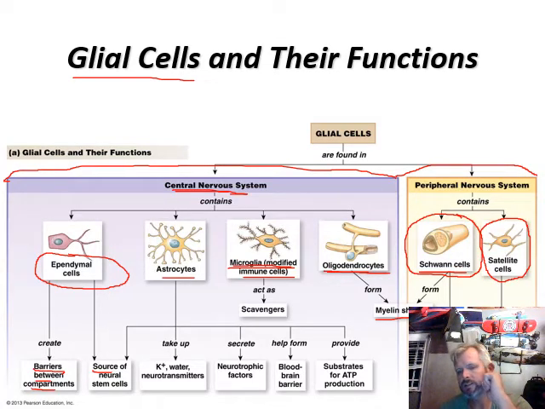They provide a cushioning and try to maintain the environment for the neurons to operate properly in the peripheral nervous system. All right, so that's the basic rundown. We'll look closely here at the astrocytes and in closer detail at the oligodendrocytes and the Schwann cells and the myelin that they produce.